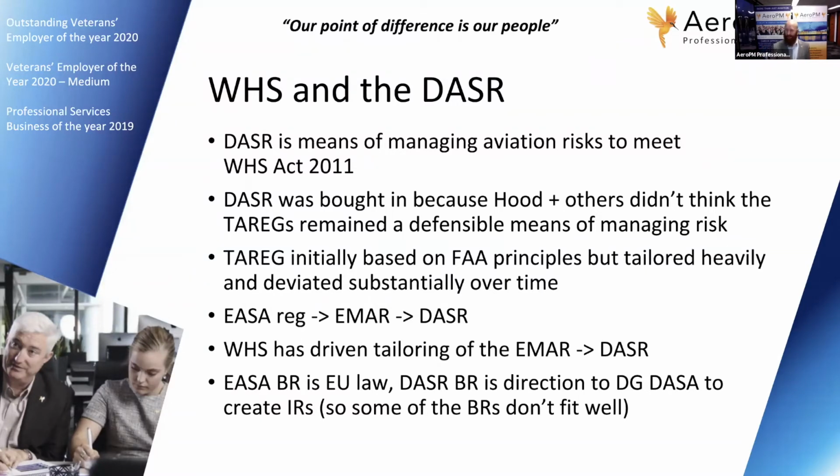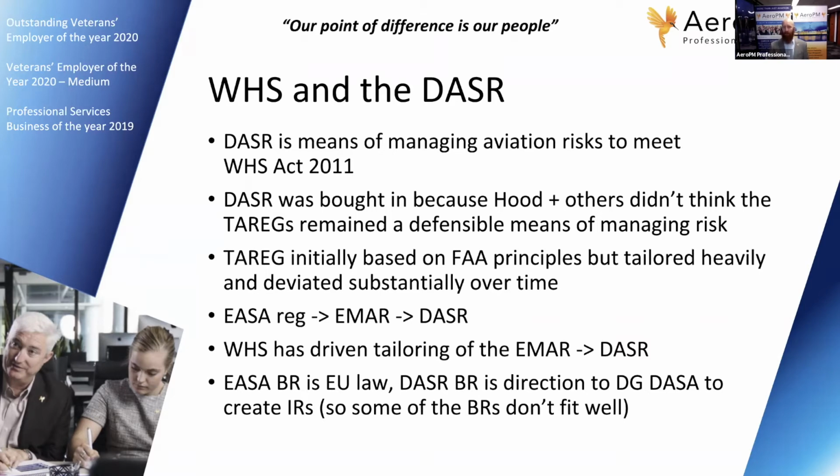The basic regulations are almost a goal-like set of functions that you are required to have as an airworthiness regulator. The reason they're split up like that, under EASA, is that the basic regulation is EU law, so they're enshrined in law.